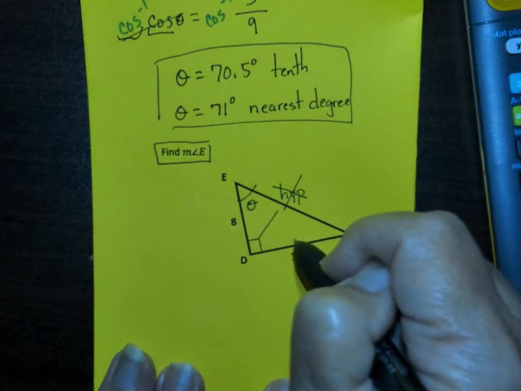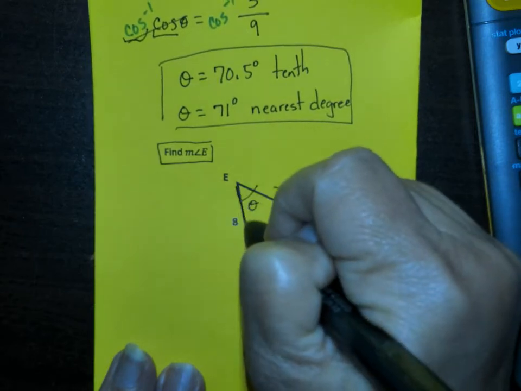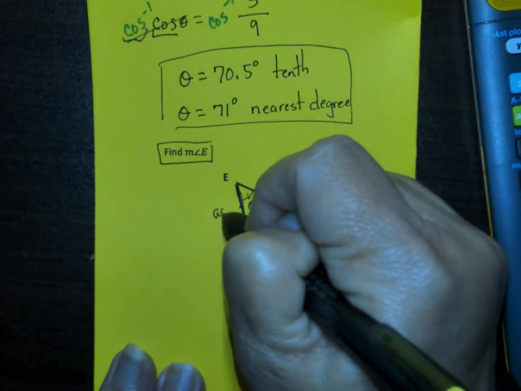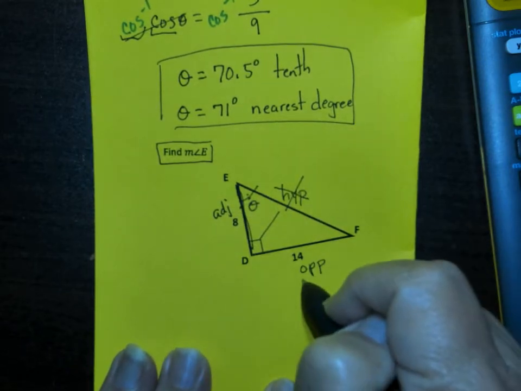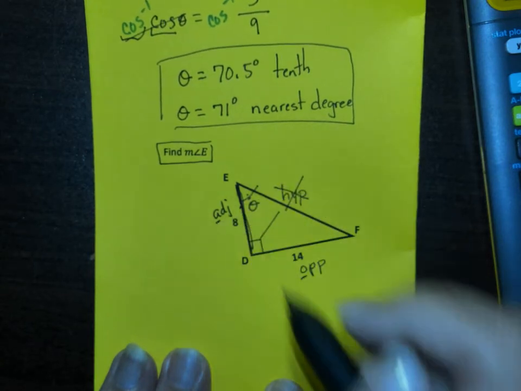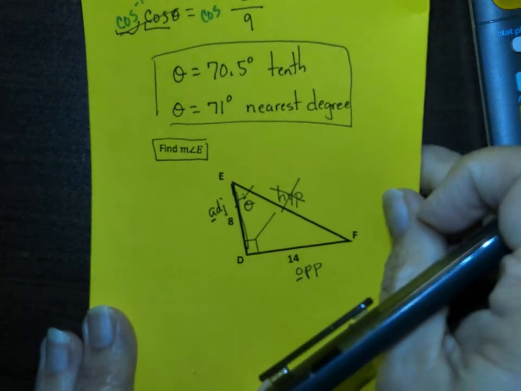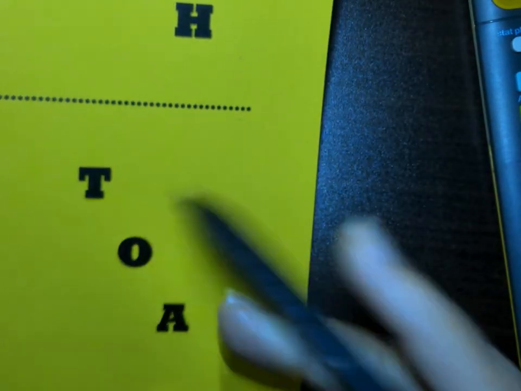So across from the theta is opposite, and next to the theta, touching this theta right here, is adjacent, ABJ. So if I have opposite and adjacent, that's the SOHCAHTOA, right? That's the TOA part. That's tangent.